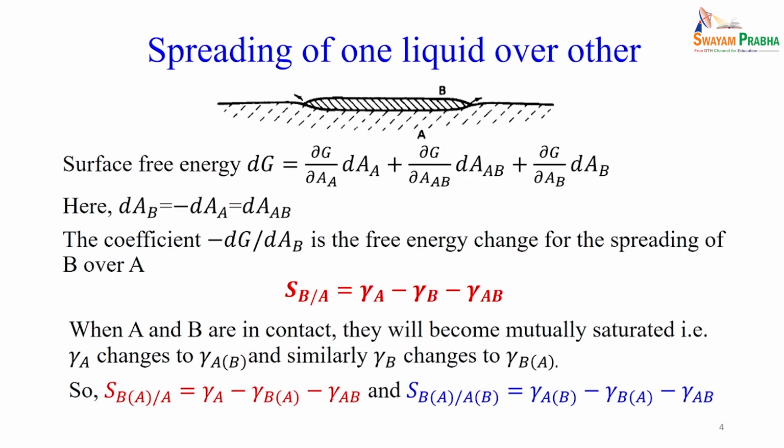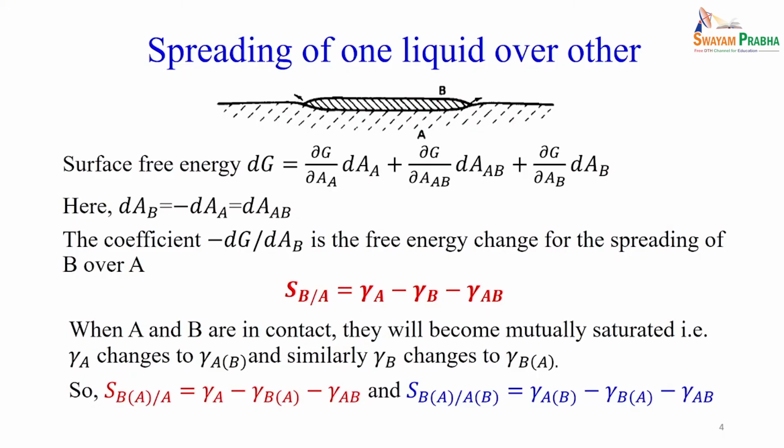Now, let us consider there are two liquids A and B. B is interacting or spreading over A. There will be A, B and AB. In this way there will be 3 different areas: change in the area of A plus change in the area of B plus change in the area at the interface AB.